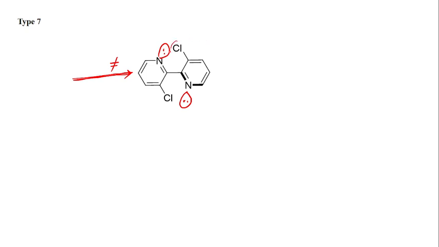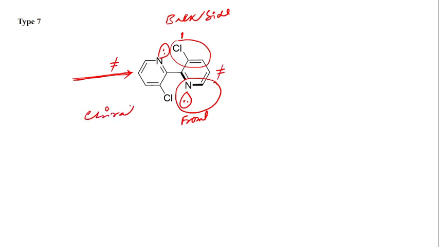So this is the back side, and this is the front side. And on the back and front, these are also different. So this is chiral, due to the chiral axis.